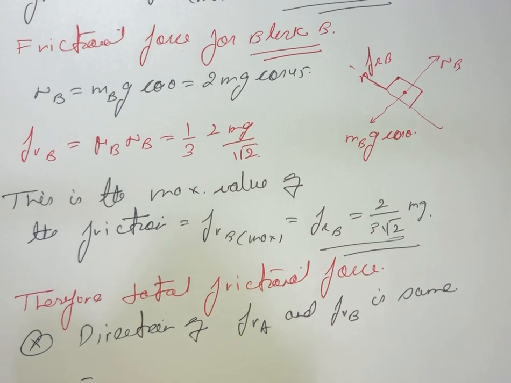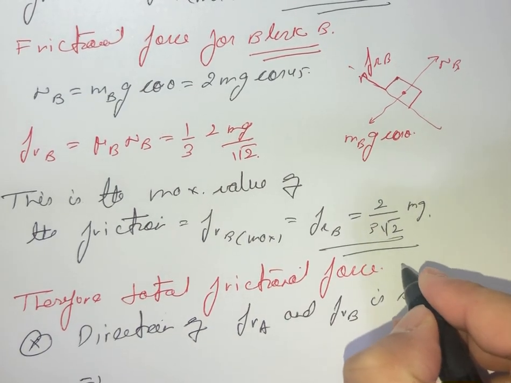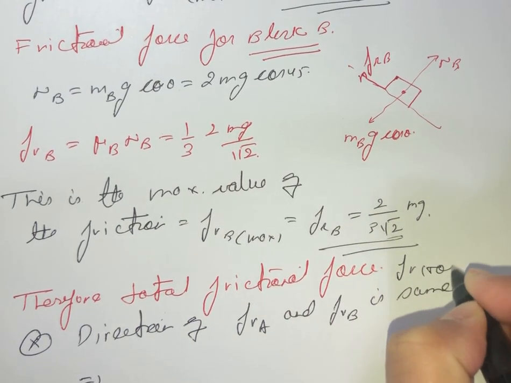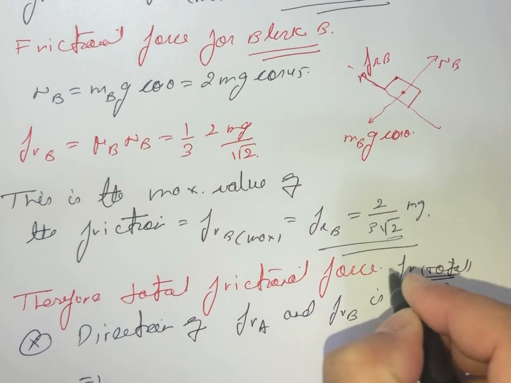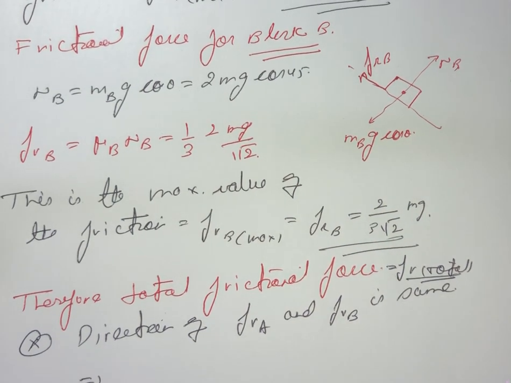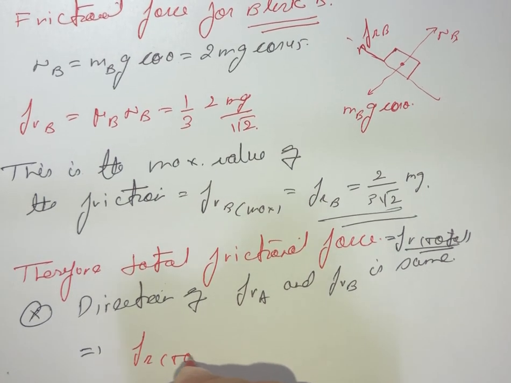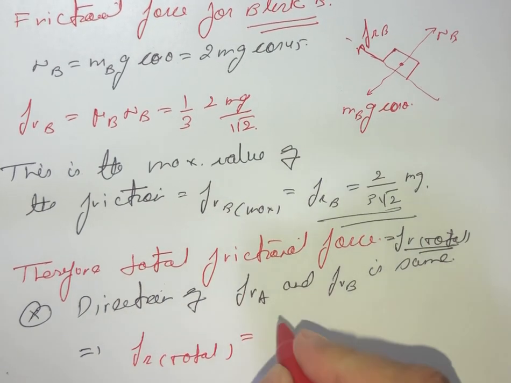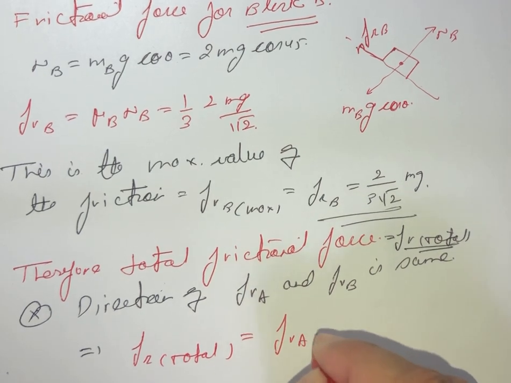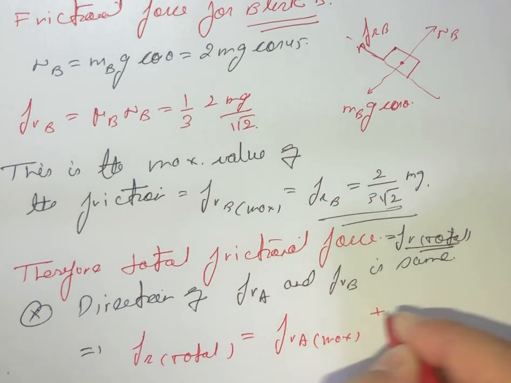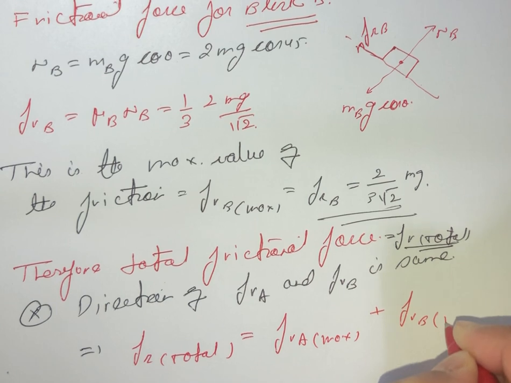Therefore, if the total friction force is FR total, then FR total will be equal to FRA max plus FRB max.